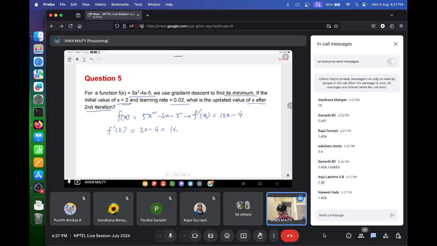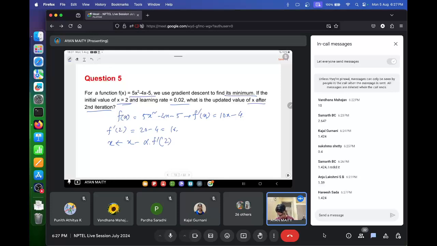So in the first iteration of the gradient descent algorithm, x should be assigned as x minus learning rate times f dash x. So f dash 2 in this case.